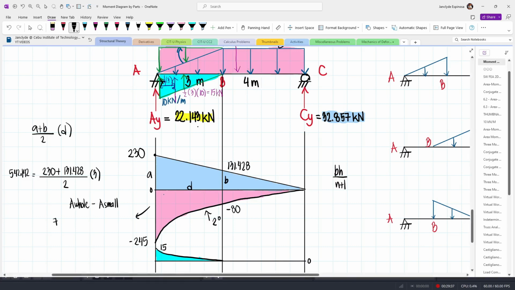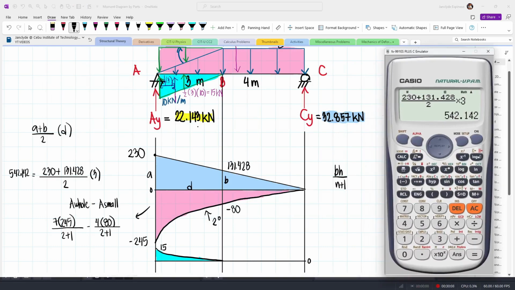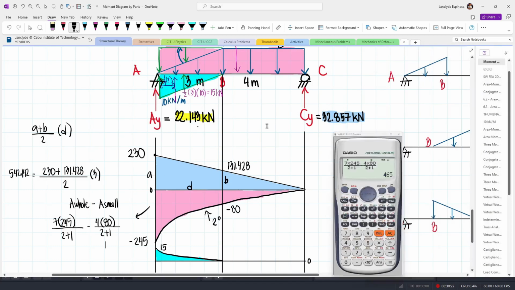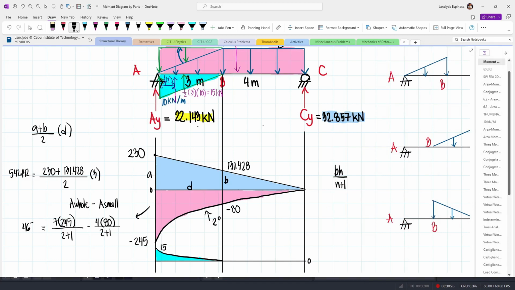So 7 multiplied by the height, which is 245, divided by n plus 1, in which we have n equal to 2. So this is 2 plus 1. And then minus the area of the smaller one, which is, the base is 4. So 4 times the height, which is 80, divided by 2 plus 1. So this gives us 465. But since this pink area is below the 0 line, then this must be negative.